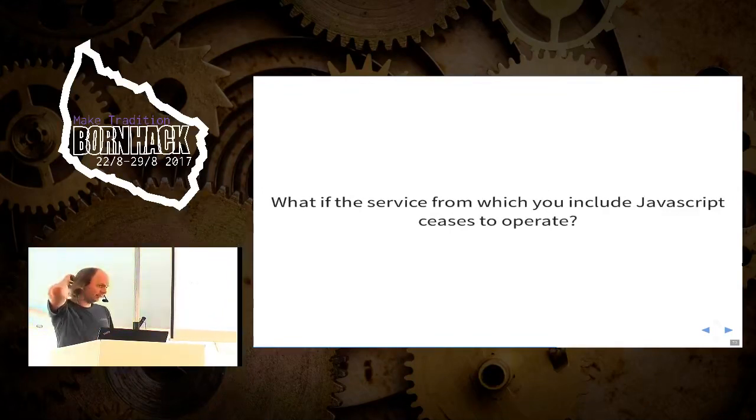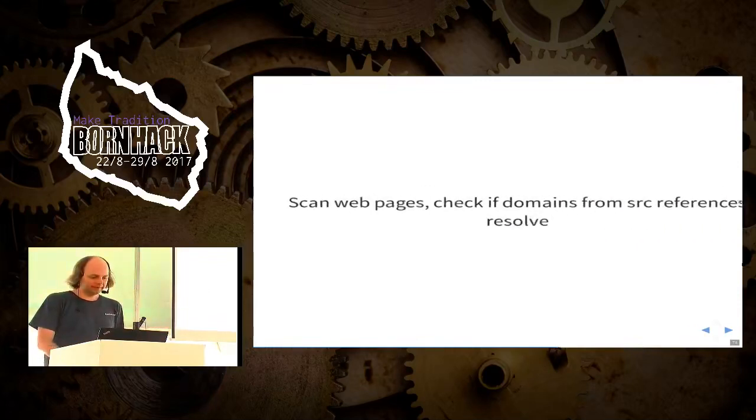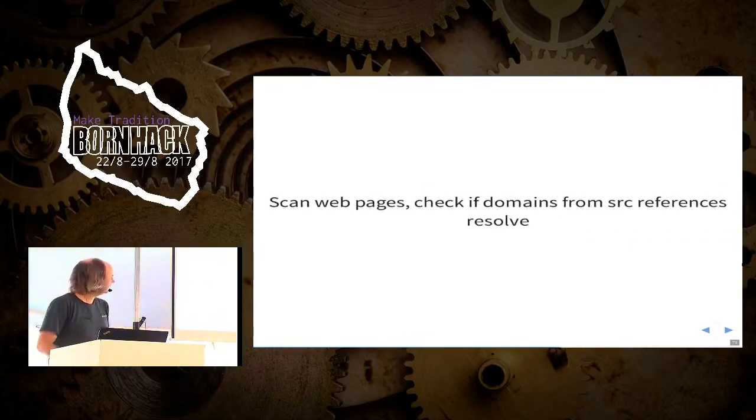And then, of course, what happens if you include some JavaScript from a service and then that service stops operating? Because it's the internet, companies come and go. So I thought, okay, I could scan web pages and then check all the domains in the source references if they still resolve. And if they don't, then I can look at that.